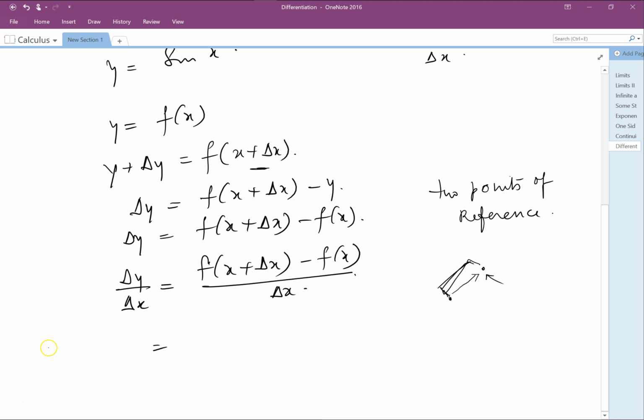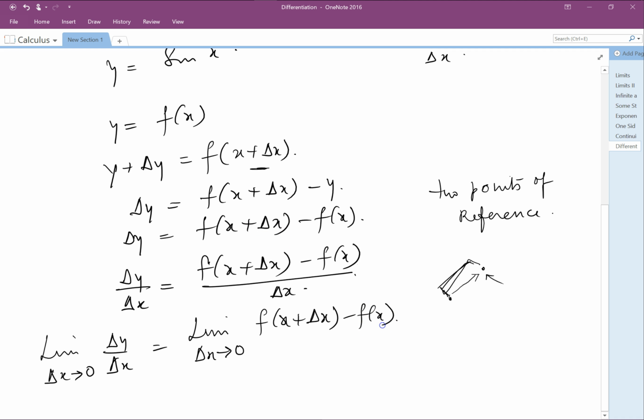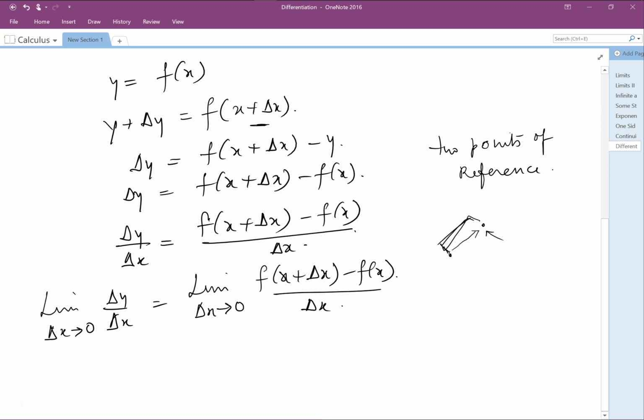So how do we do that? We take the limit. So limit as delta x approaches 0 of delta y by delta x is equal to limit as delta x approaches 0 of f of x plus delta x minus f of x divided by delta x. Okay. So this gives us the rate of change at a particular point.